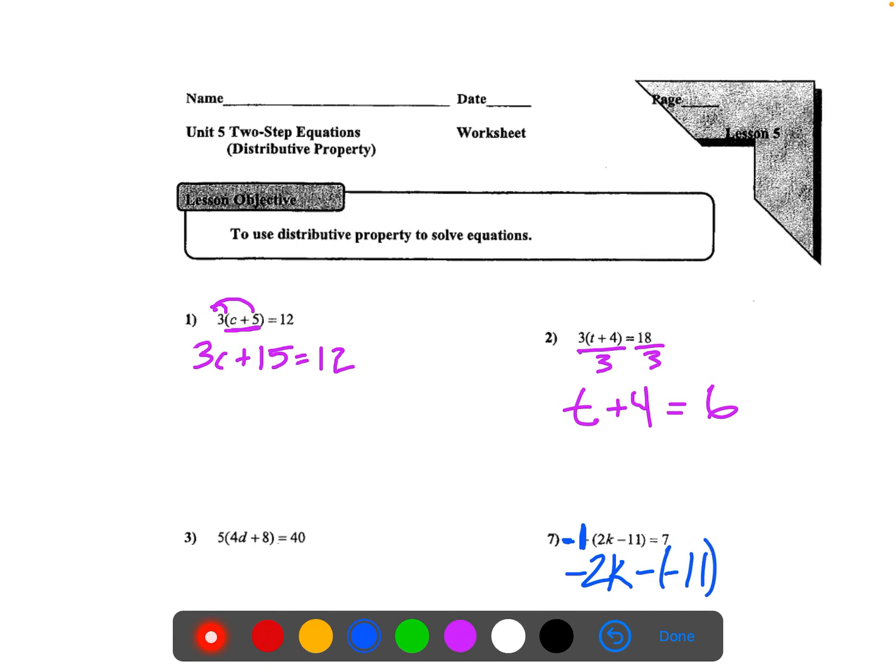We could put it in parentheses to help, but it's still not great. If we're subtracting negatives, it's like adding the opposite of negative 11. So really, subtracting negative 11 is like adding 11. And that would be a much better way to use distribution to rewrite this equation.